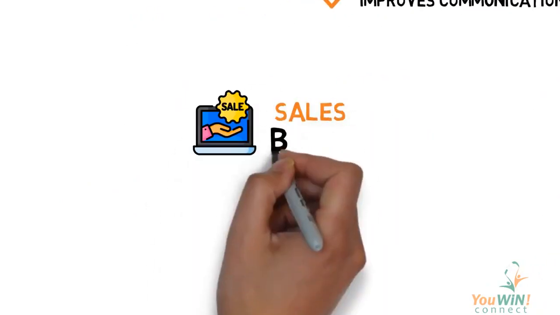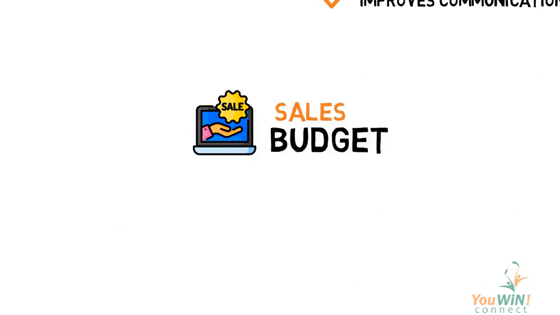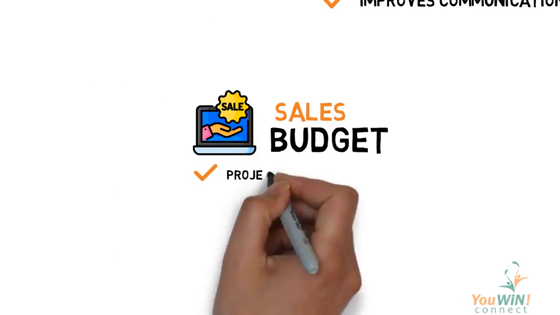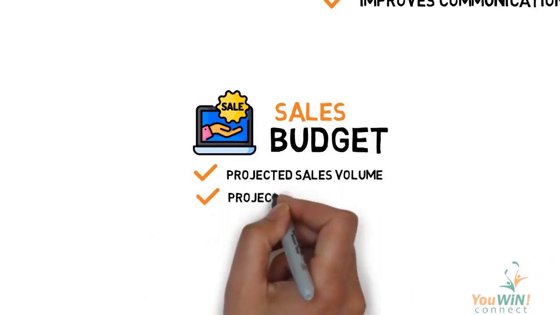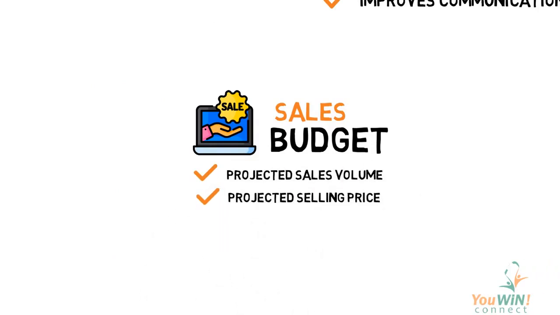Let's take a look at the sales budget. The sales budget comprises basically the sales volume budget at a projected volume and the projected selling price.